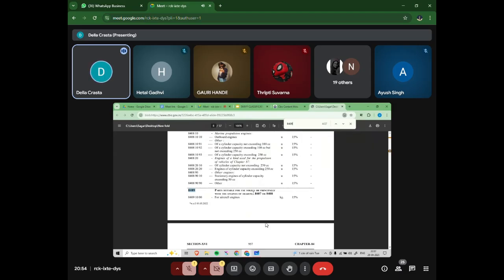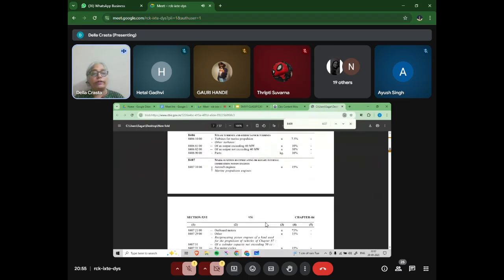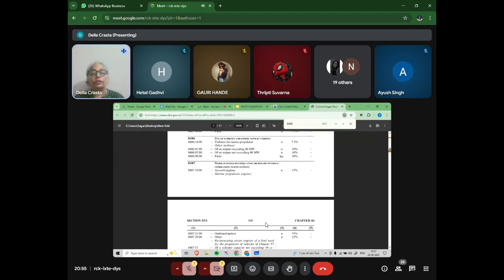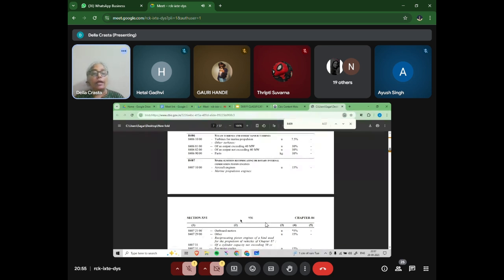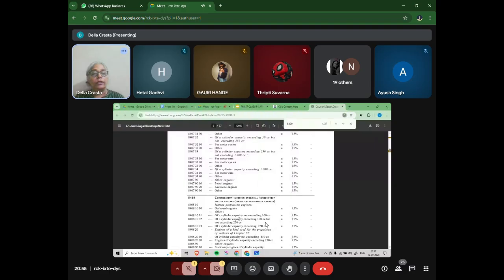So, in your chapter 84, 8407 is talking about spark ignition, reciprocating or rotary internal combustion piston engines. And 8408 is talking about compression ignition internal combustion piston engines.